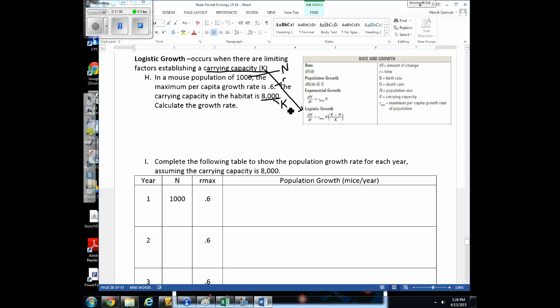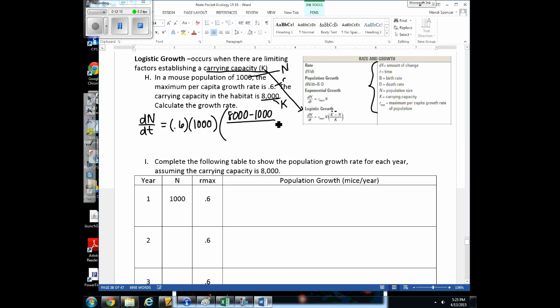And again, on this side of your formula sheet, it's telling you what all those different symbols mean. So let's plug that into the equation to see what the growth rate is going to be. Again, we're trying to calculate growth rate, change in number over the change in time. Our R max is 0.6. The initial population started out at 1,000. And then in this part of the equation, we've got carrying capacity minus the initial population size. So carrying capacity is 8,000, and there's 1,000 in that initial population size.